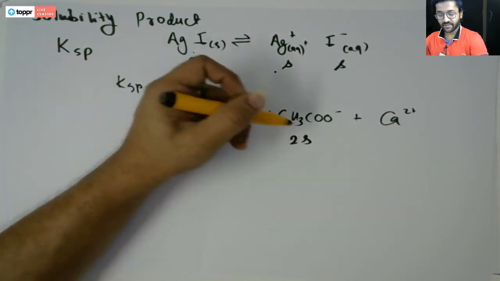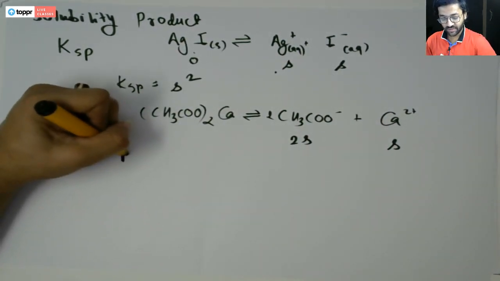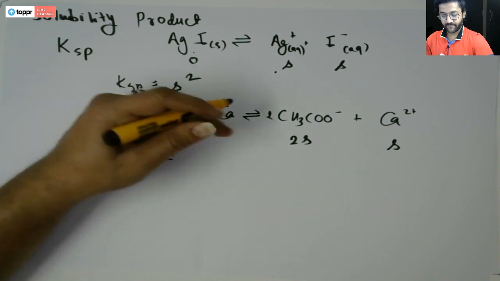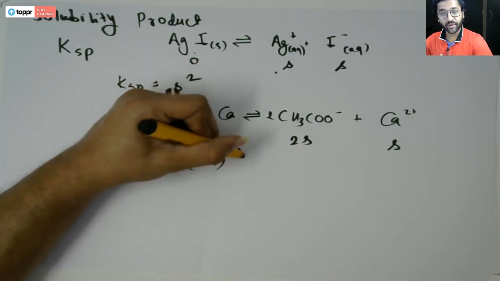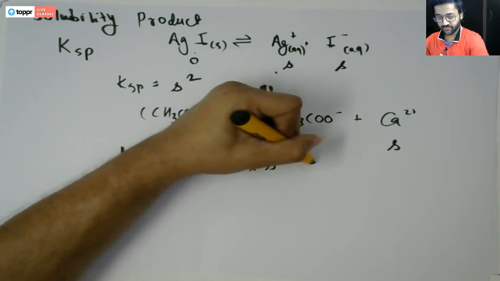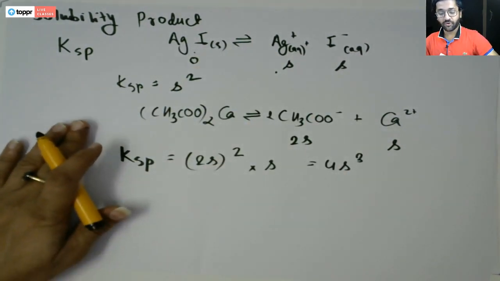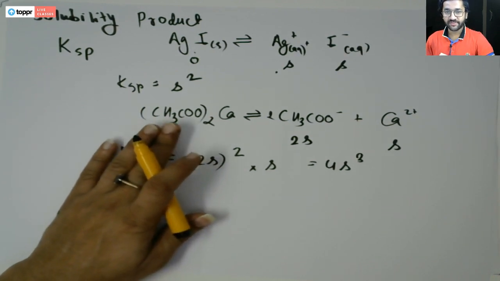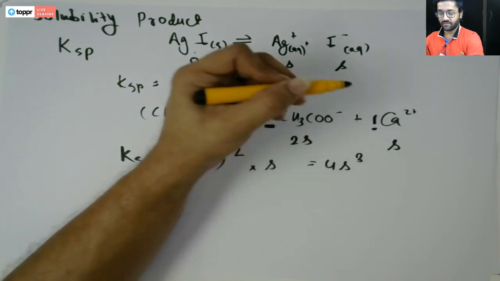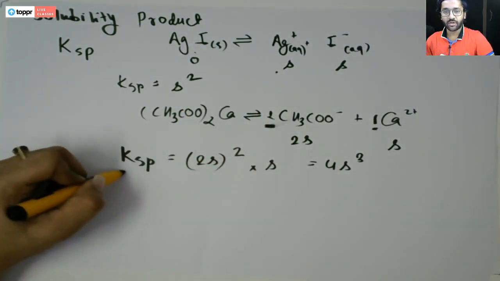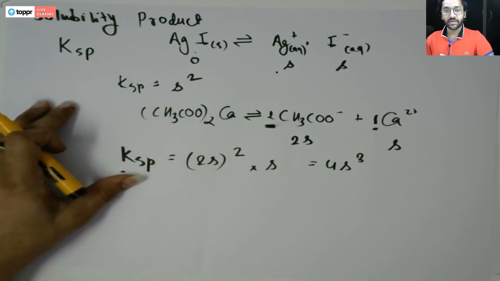This is 2S and this is S. So now when we calculate the Ksp, obviously 2S whole square into S, which gives us 4S cube. This is the solubility product for (CH3COO) whole twice Ca. So we have to consider the coefficients and then calculate Ksp.